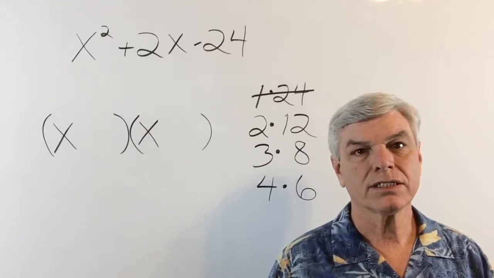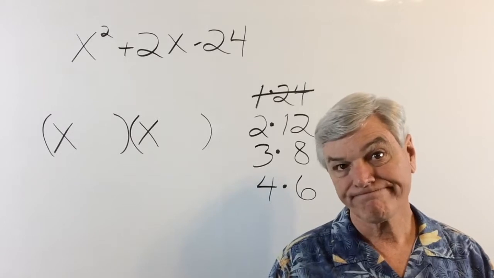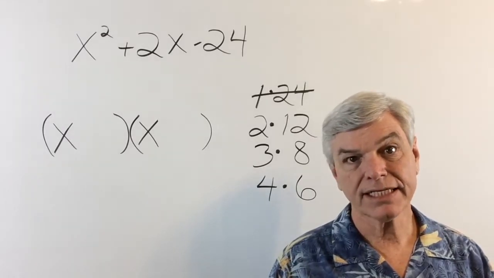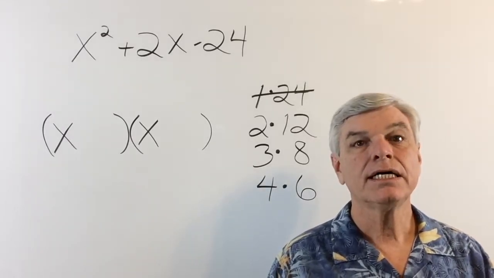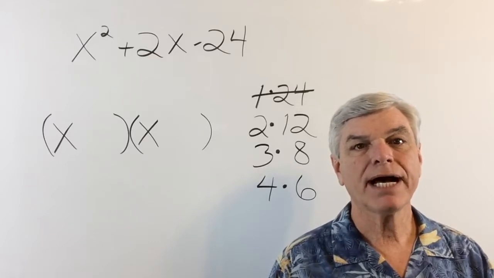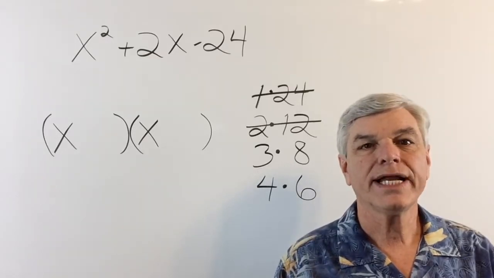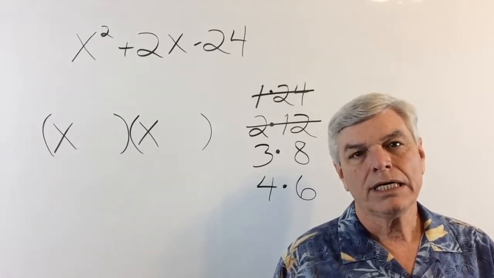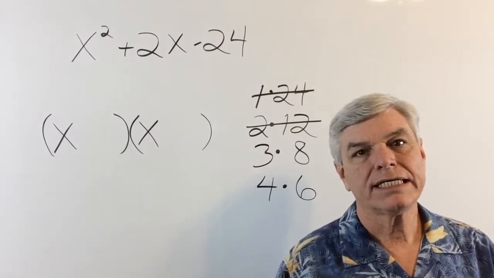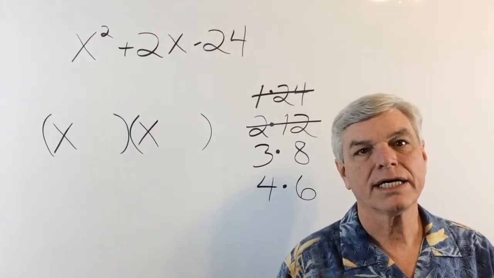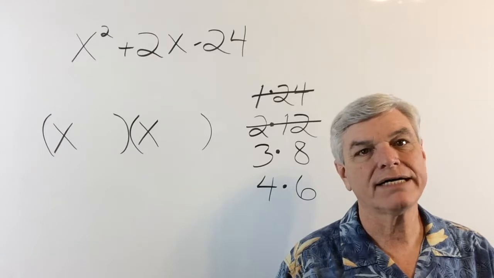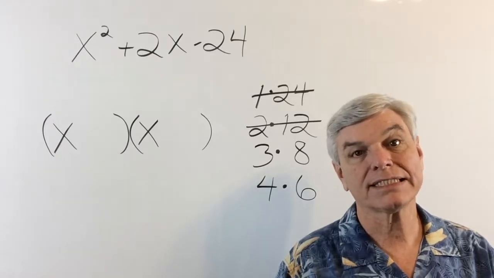That doesn't work. 12 minus 2 gives me 10. That doesn't work. How about 3 and 8? 8 plus 3 is 11. That doesn't work. 8 minus 3 is 5. That's a lot closer, but that still isn't working.